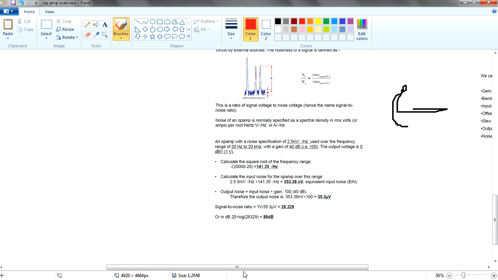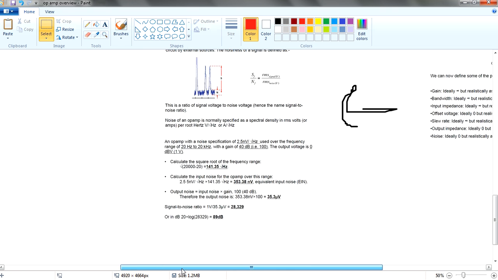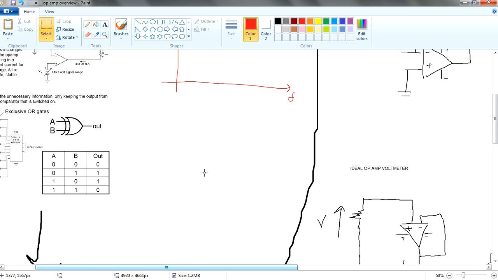Your ideal op-amp has to be infinite. Ideally the gain and the bandwidth have to be infinitely high, right? As high as possible. So in this case, an ideal op-amp is like infinity for gain bandwidth.